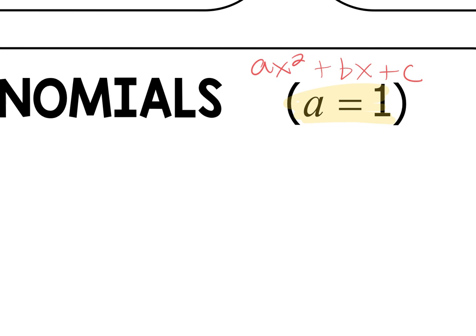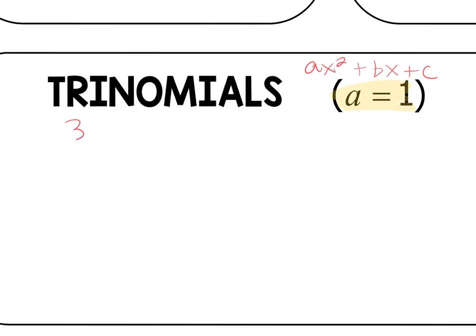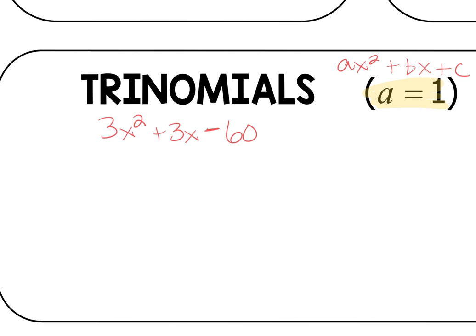Okay, if I had something like this, I'm going to give you one like this. 3x squared plus 3x minus 60. In this problem, my a is not a 1. My a is a 3. I have to stop and ask myself, is there a greatest common factor?